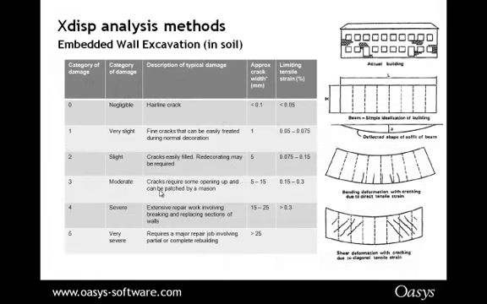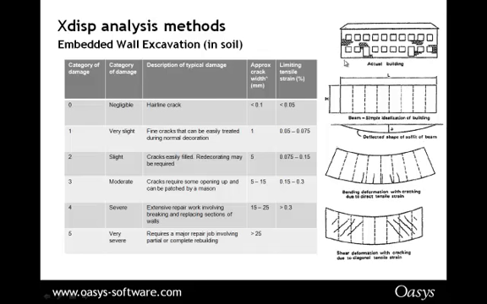And as well as giving the surface displacement and displacements due to excavations, Xdisp now carries out building damage assessments. And so the building damage assessments basically look at where the position of your building is.